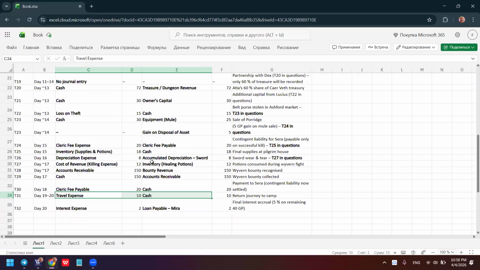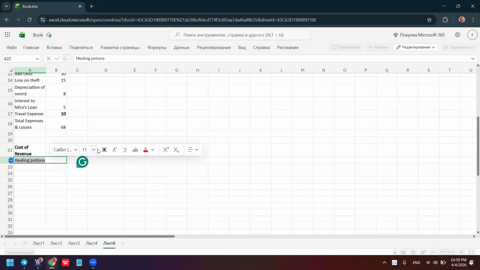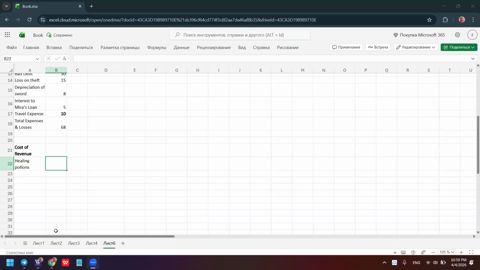It's healing potions here. So healing potions were added. Now we continue.